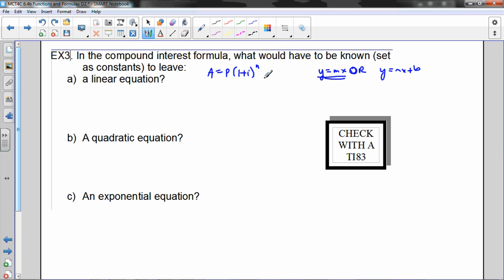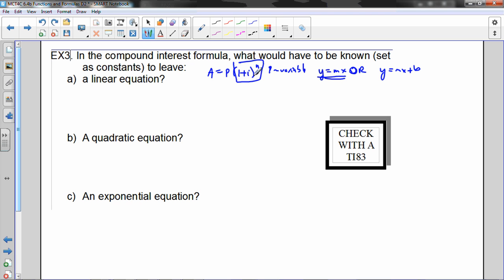Well, we need this whole thing to be numbers. If this ends up being the slope, m, then we'd be good, because then this could be the x. So I'm going to let p stay as the variable, and then we're going to choose some convenient values of I and n.